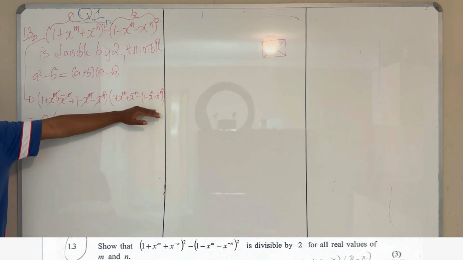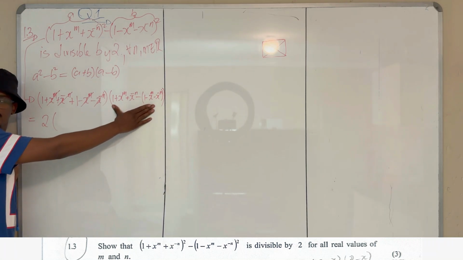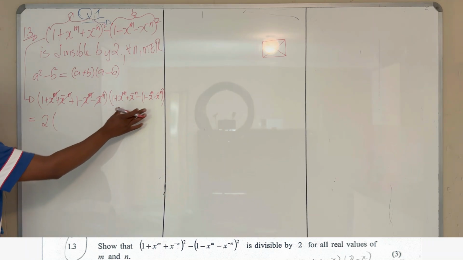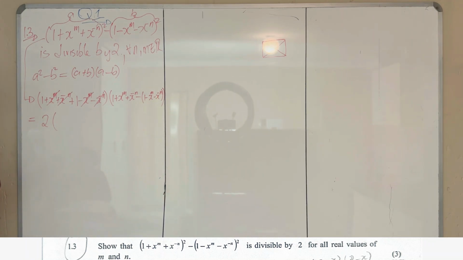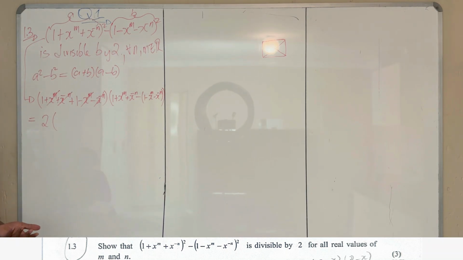You can just leave it as is, because you have discovered that it's 2 times whatever that is there. So this 2 will always ensure that the entire thing is divisible by 2. I'm not sure if you understand what I'm trying to say. I don't think you even need to go further. I can just take this down as is, because this 2 is enough to ensure that the entire expression is divisible by 2.